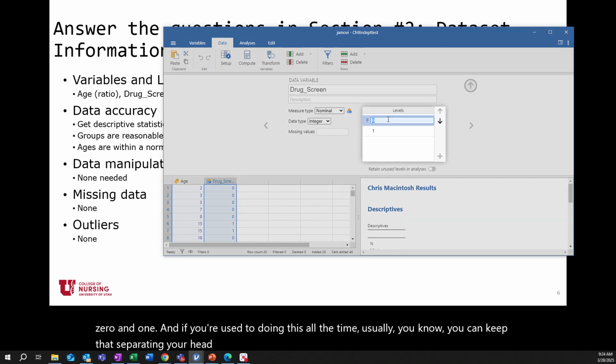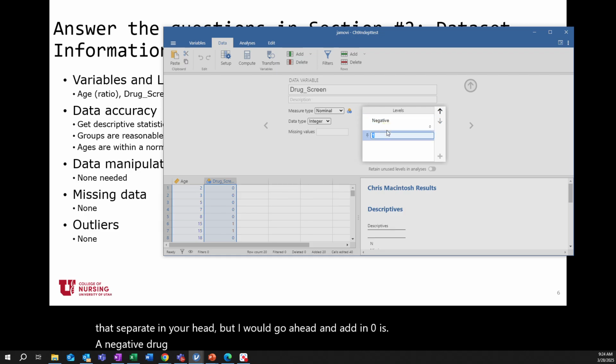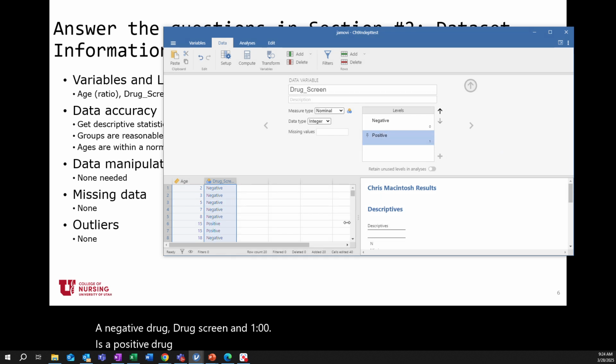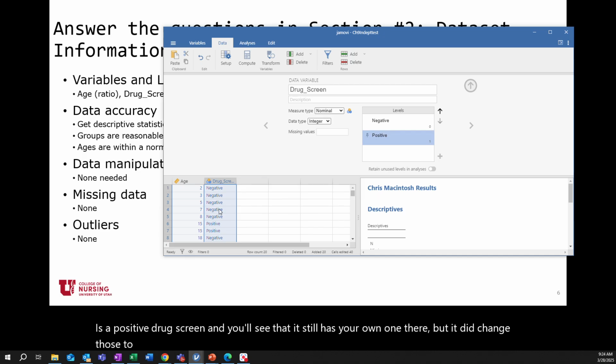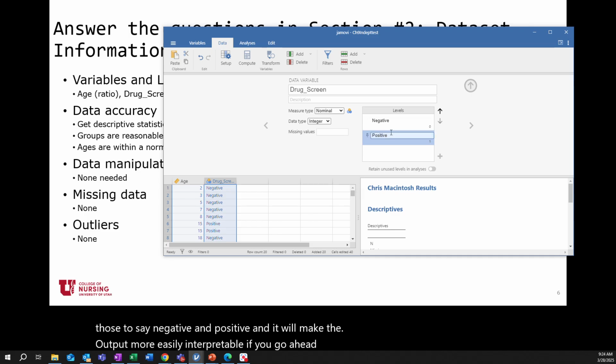But I would go ahead and add in 0 is a negative drug screen, and 1 is a positive drug screen. And you'll see that it still has 0 and 1 there, but it did change those to say negative and positive, and it will make the output more easily interpretable if you go ahead and add those in right there.